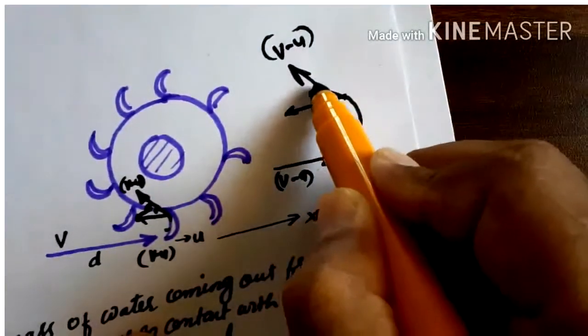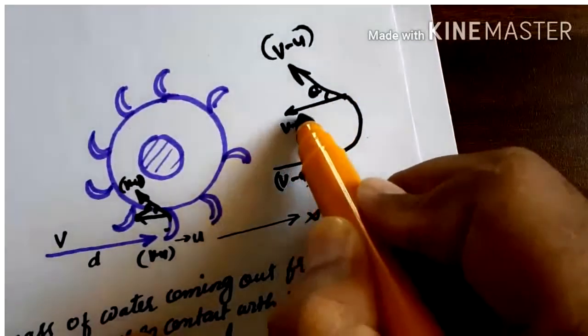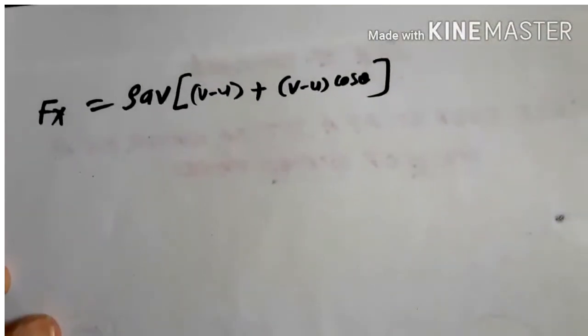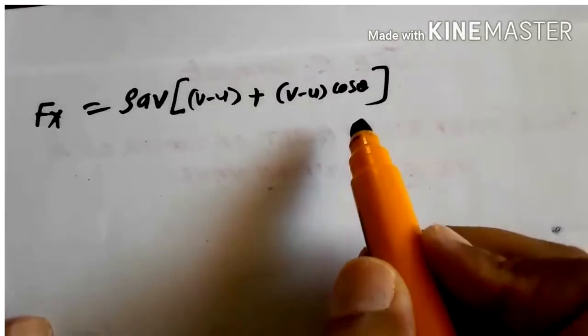If you take this as angle theta, this component is v minus u cos theta. Then v minus u plus v minus u cos theta.